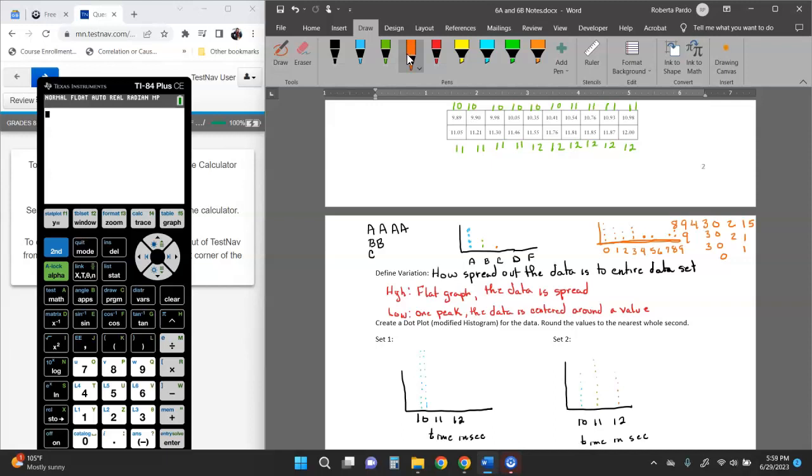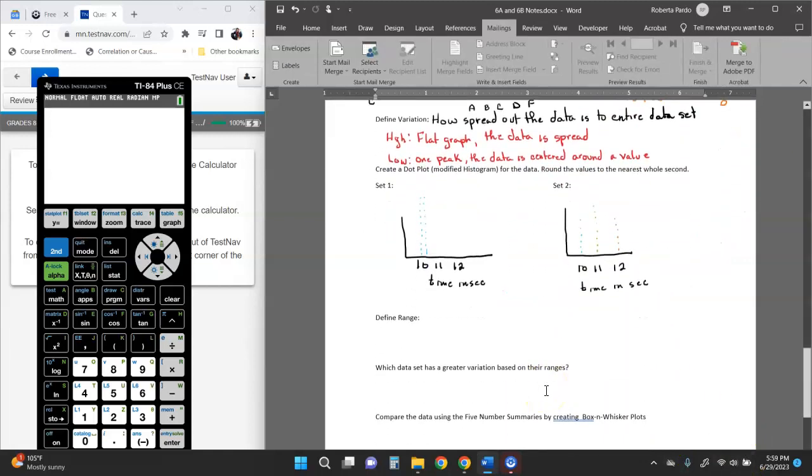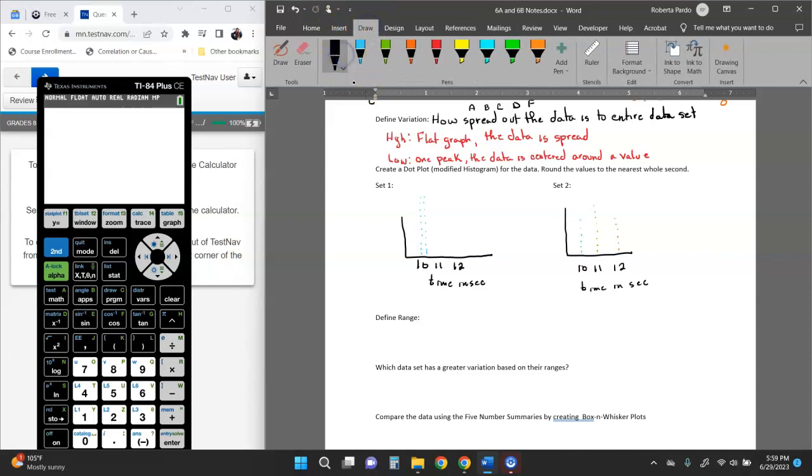So in the first case, we have very low variation. So this would be considered low variation. And in this case, we would have high variation.